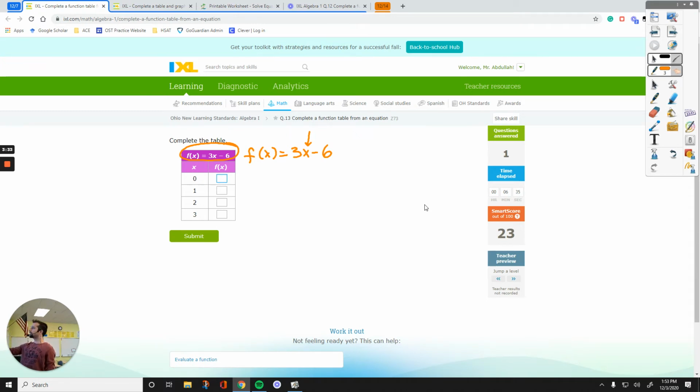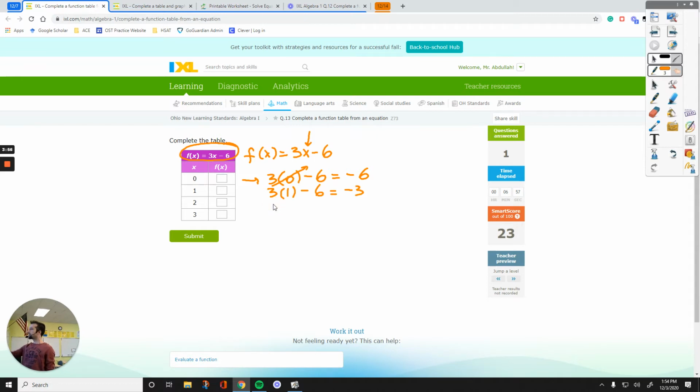So in the first line, this one here is going to become 3 times 0 minus 6. 3 times 0 is just 0, minus 6 is negative 6. That's my first value. The second one is 3 times x, but the new x value is 1, minus 6. If you just do the math, it's negative 3.